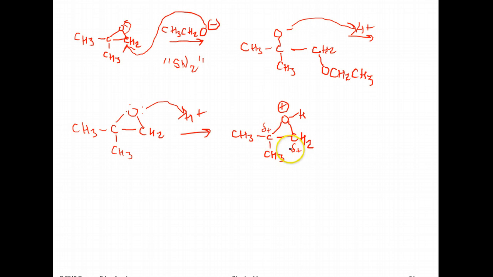But these partial positives are not equal. The reason is because this carbon, if it were to form a carbocation, would be a tertiary carbocation. This would be a primary carbocation. So which carbocation is more stable? The tertiary. So this bond is the bond that's already kind of breaking.